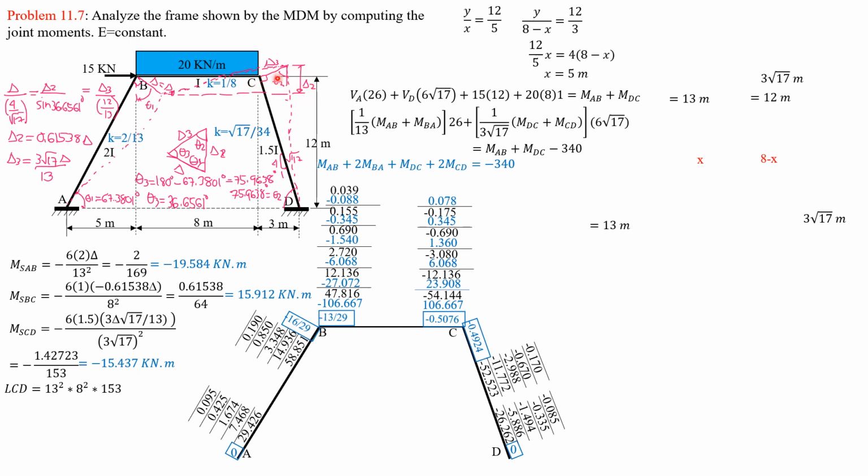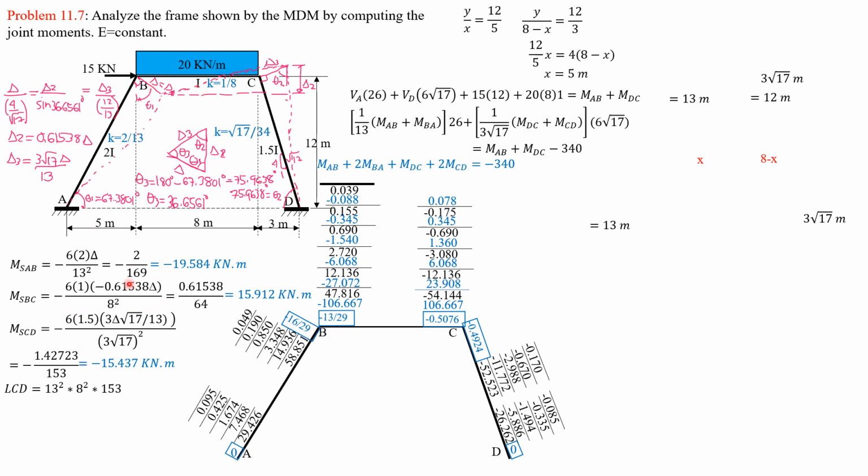Delta 3 is again clockwise. So negative 6 EI of AB times delta of AB over length 13 square. Let's just consider 6EI and delta equal to 1 because it is common to the sideway moment. So it is negative 2 over 169. I will explain why the value here is negative 19.584 later.